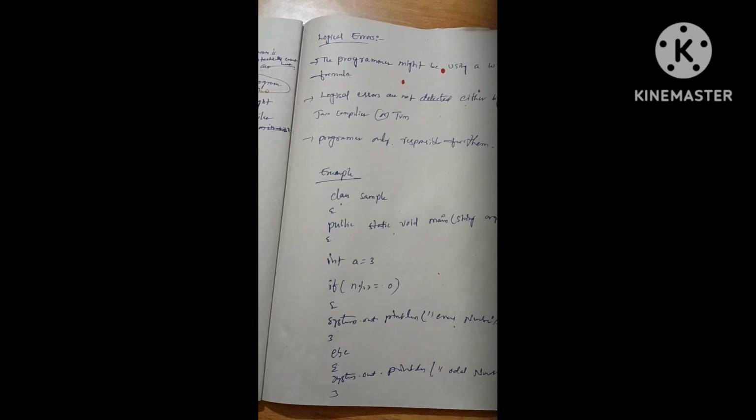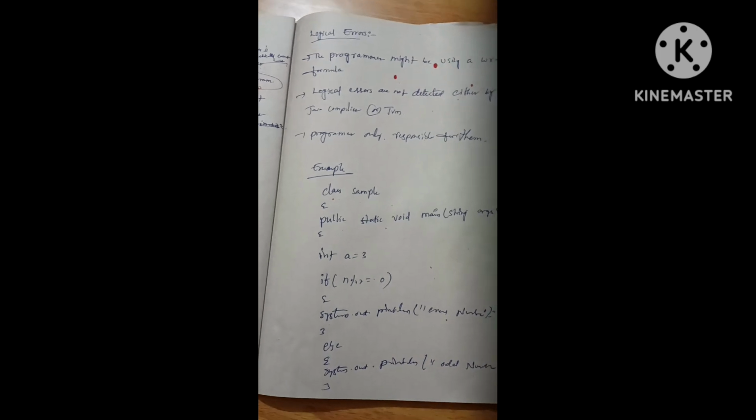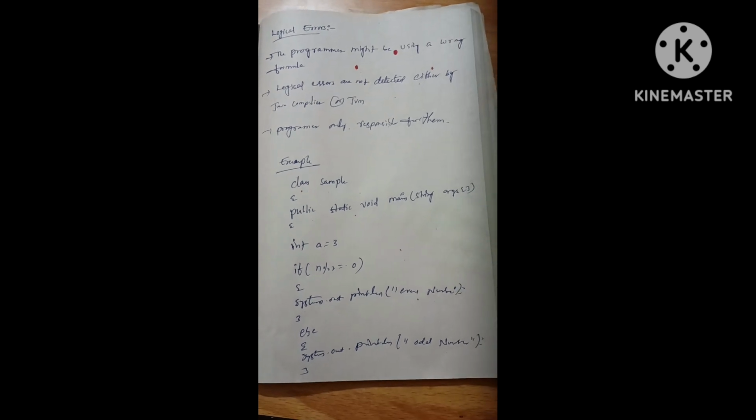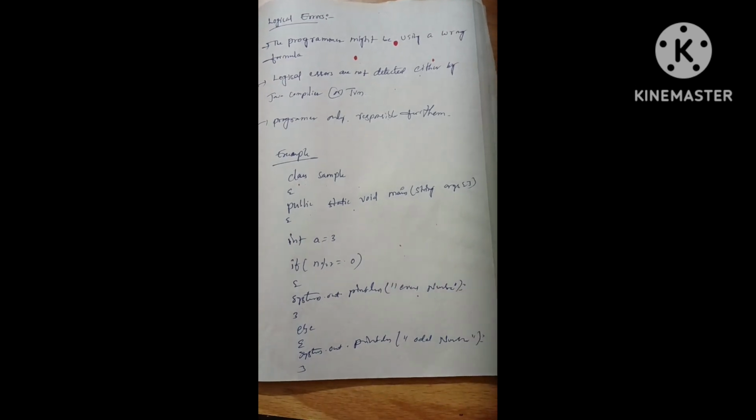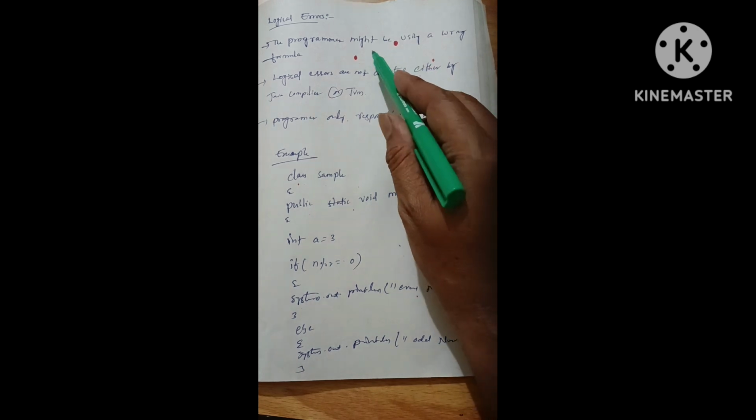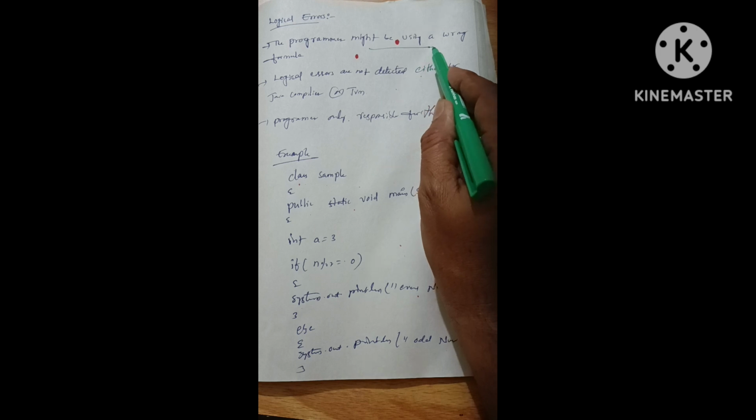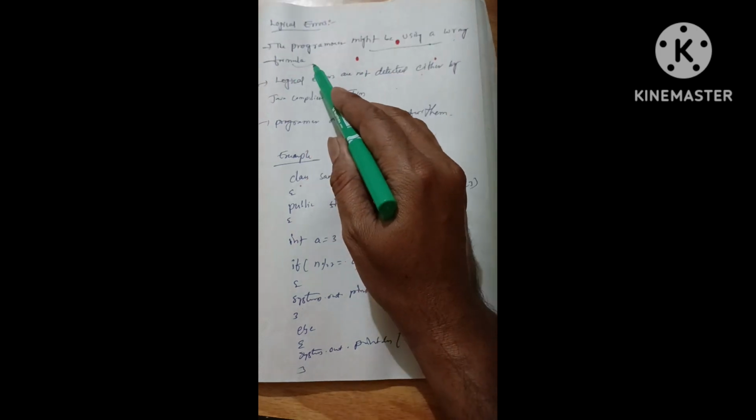Now the third one is logical errors. Why do logical errors occur in our program? The programmer might be using wrong code, a wrong formula. For example, a mistake like using division instead of another operator.